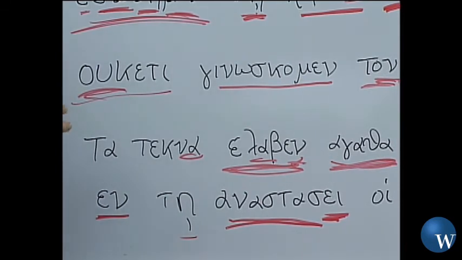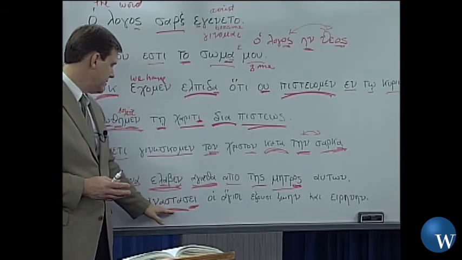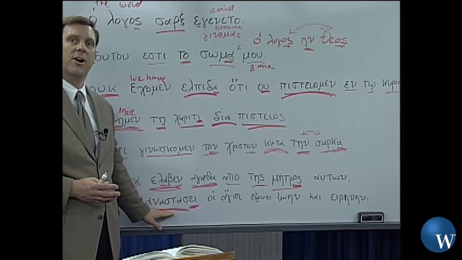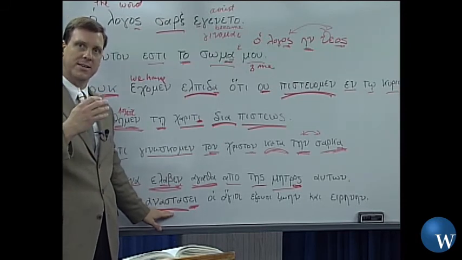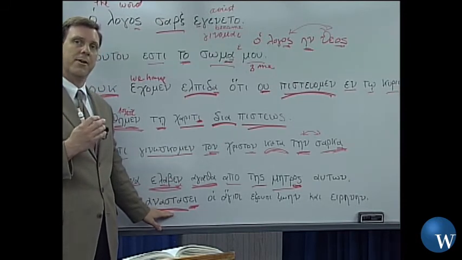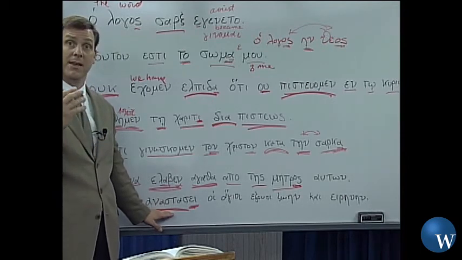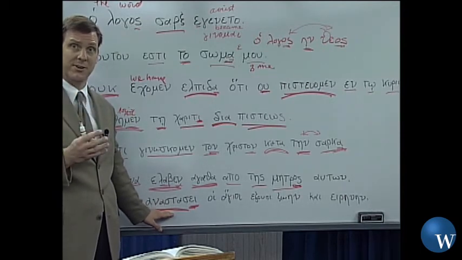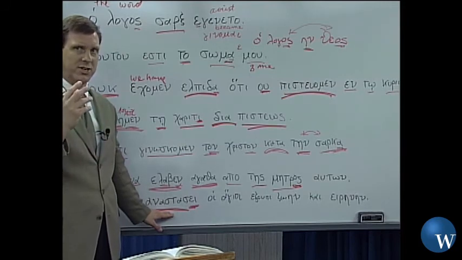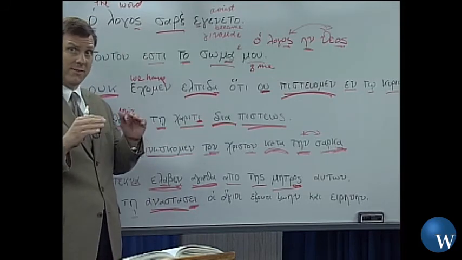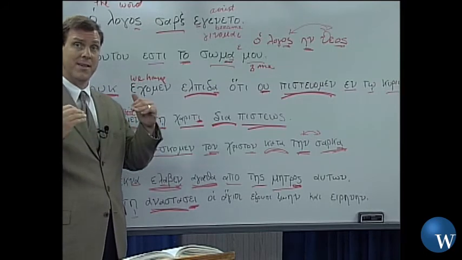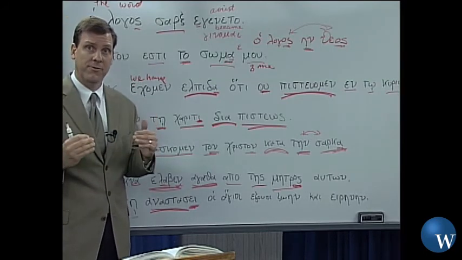Now, interestingly enough, anastase does not follow exactly the archon pattern, archon, archontos, archonti, archonta. It follows a little different pattern that has to do with the pattern that polis follows, and you'll notice that in your book. The nominative, genitive, and the dative are the same. The accusative singular and plural are different from that form that archon follows.